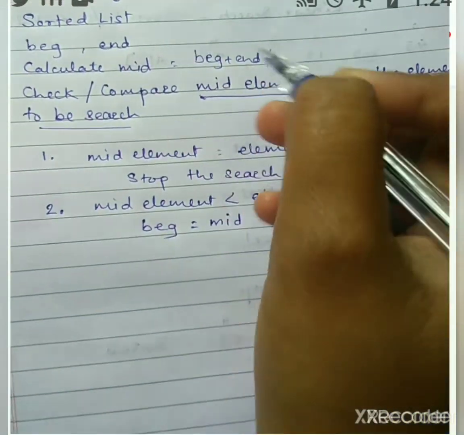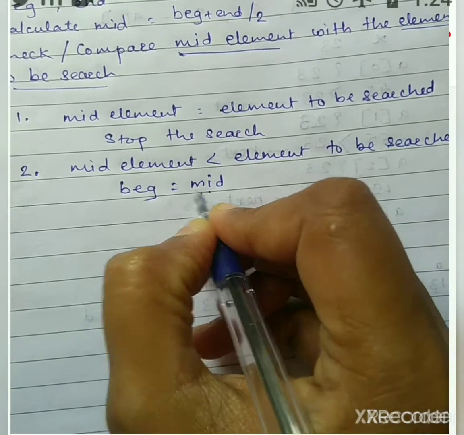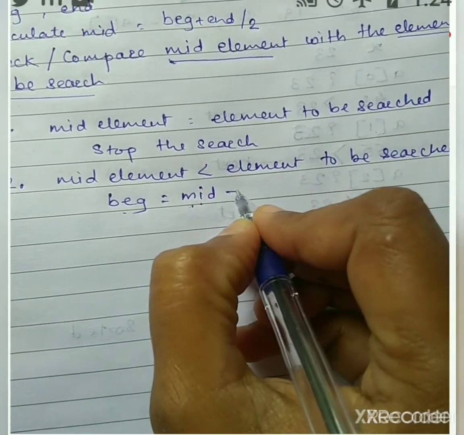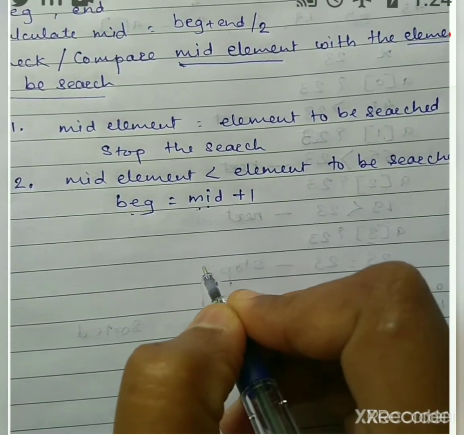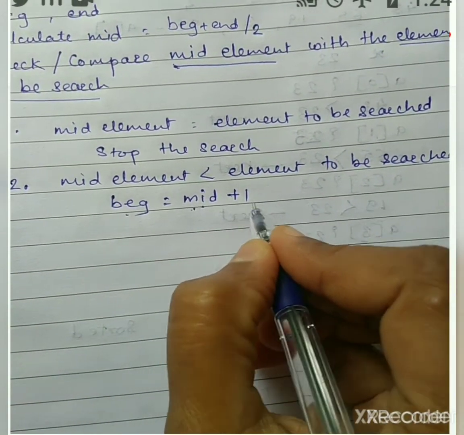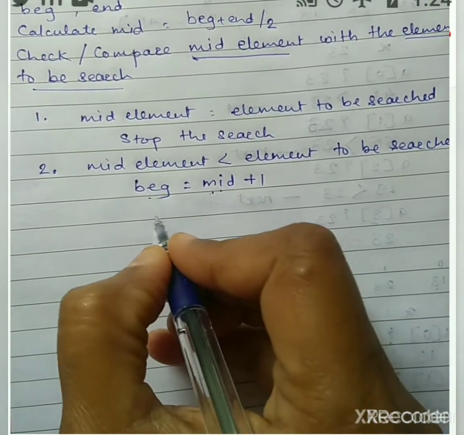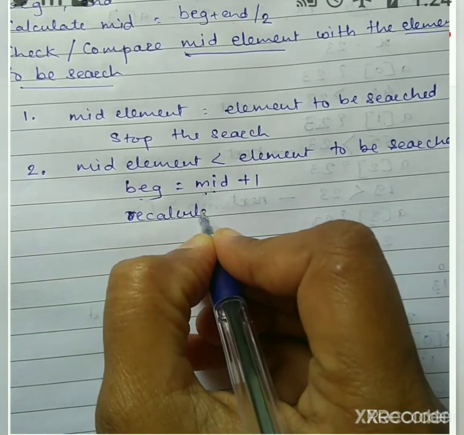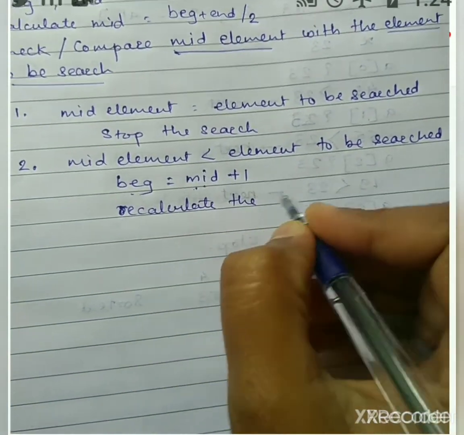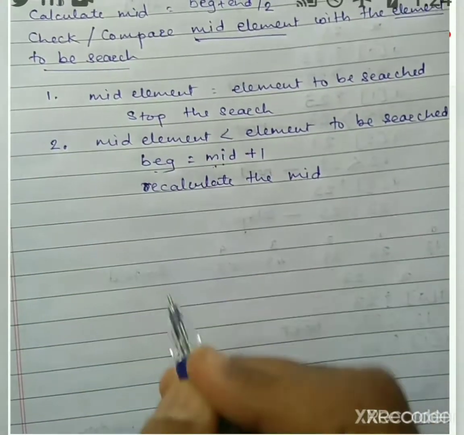By using that formula, we have calculated mid, and we have to take beginning equal to mid plus 1. We have to go to the next element from that mid position. So beginning will move next to the mid, and then we have to recalculate the mid. Again we have to do the same thing, compare again, and repeat.